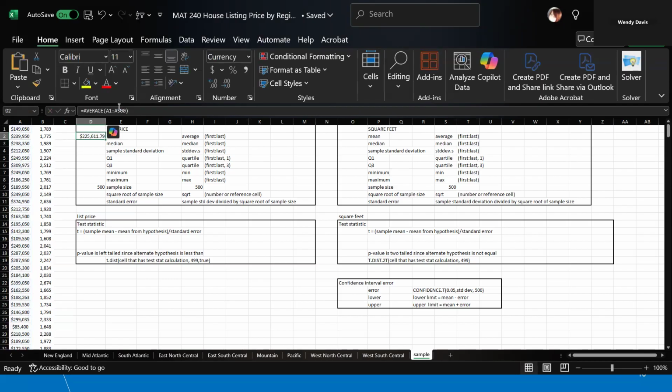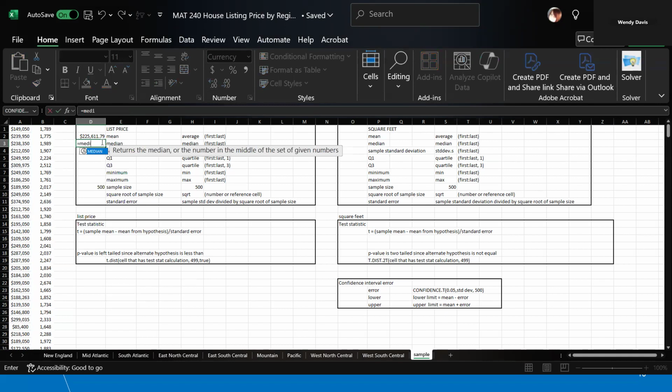Now here, see how it's rounding? Let's make everything in dollars and cents, so if you increase your decimal, we'll have that here. Now this one is equals median.